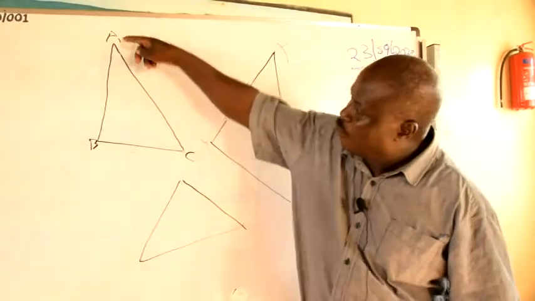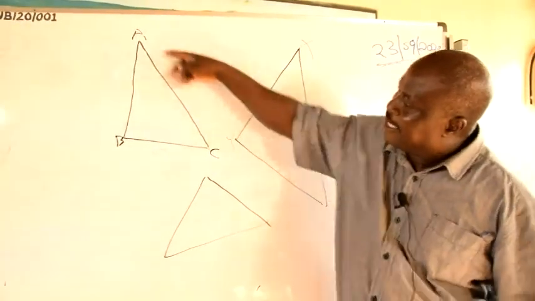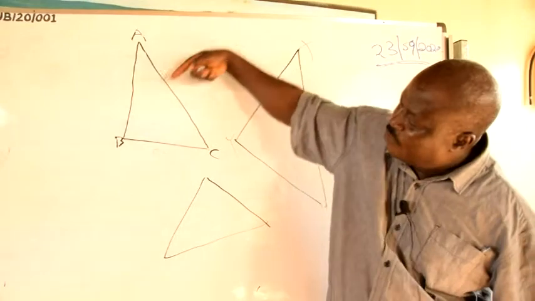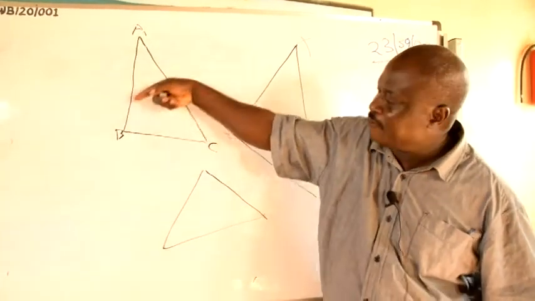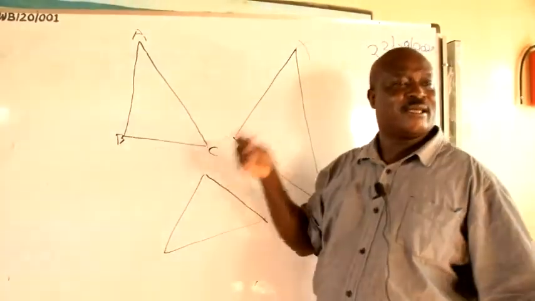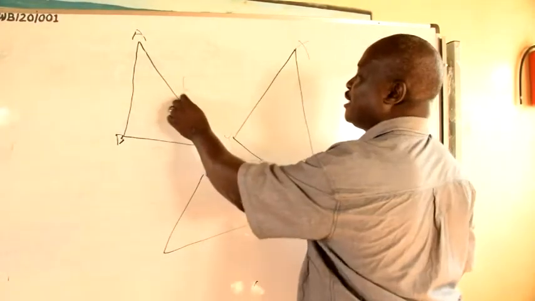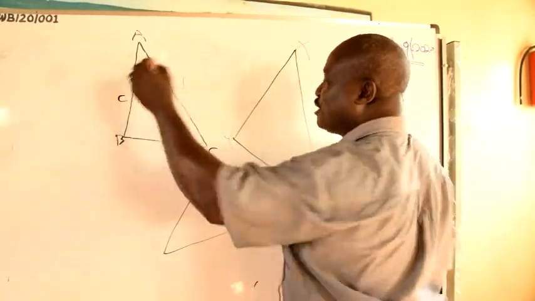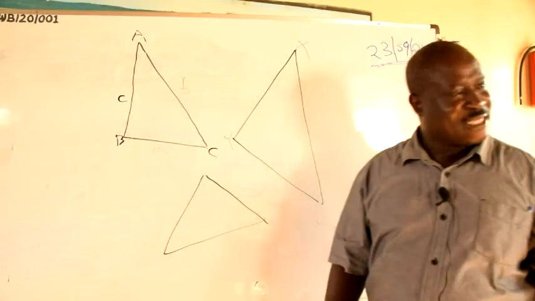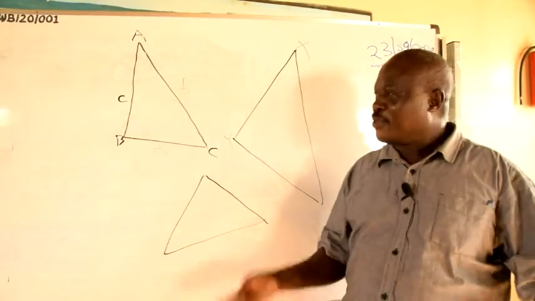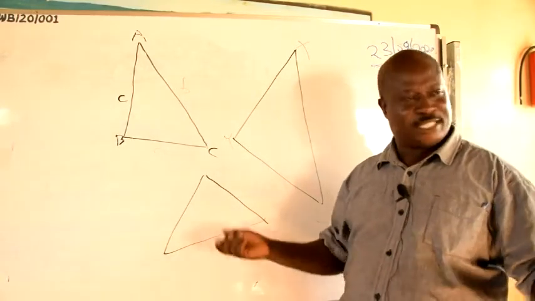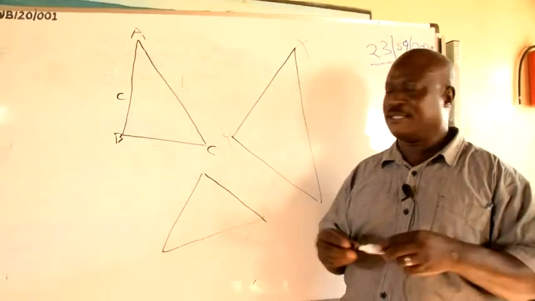When you look at this side, it is opposite to angle B. Therefore, it's named small b, and therefore this one is small c. Those are lengths, and therefore they are in various units, maybe centimeters, millimeters, kilometers, etc.